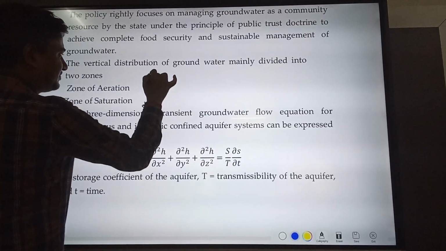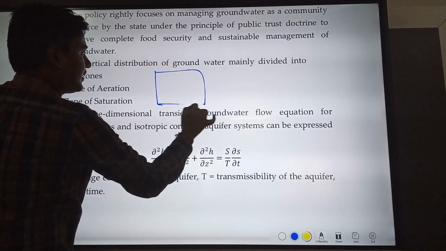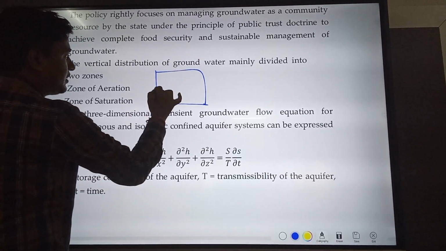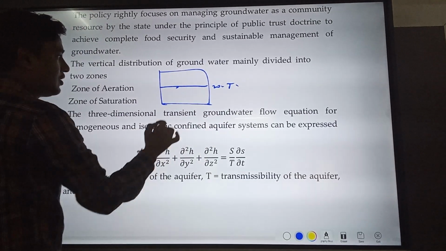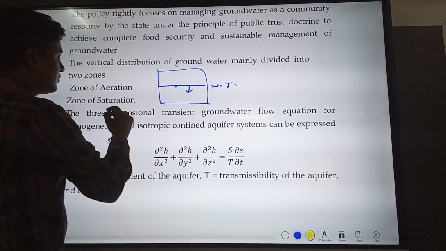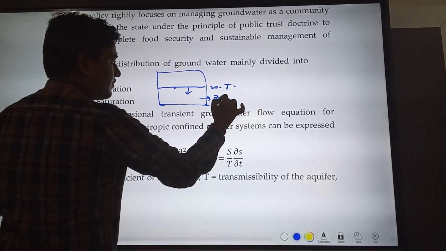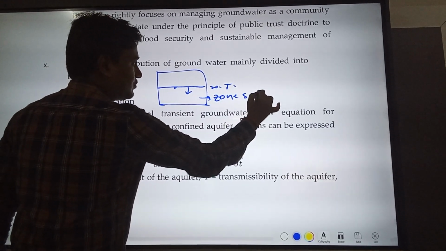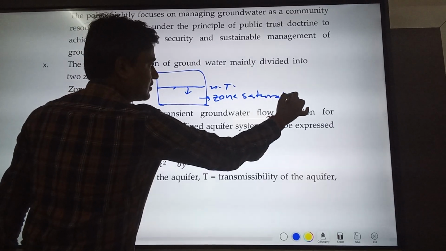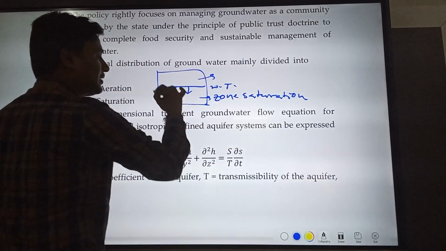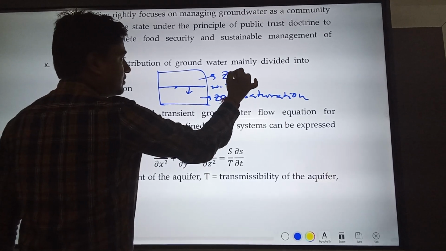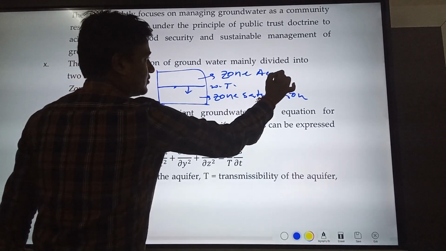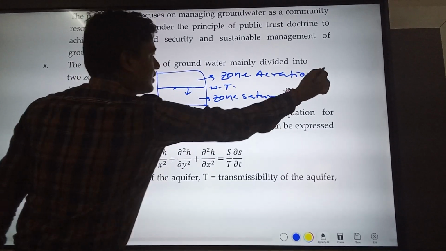If you consider a groundwater element, if there is a water table, then below the water table is known as the zone of saturation, and above the water table the zone is called the zone of aeration or the vadose zone.